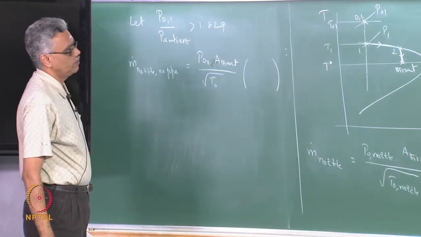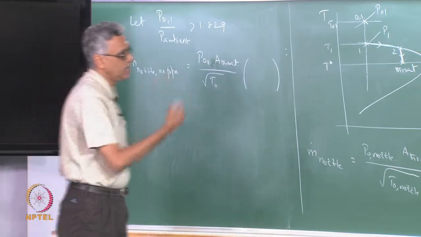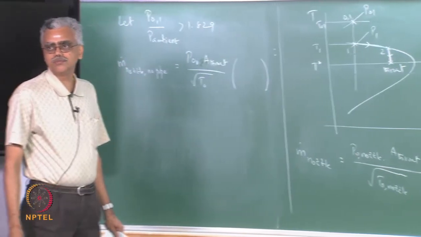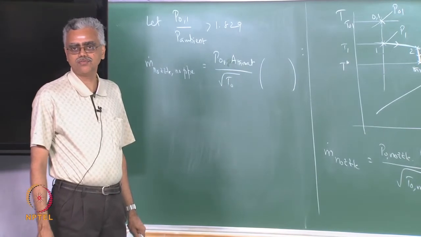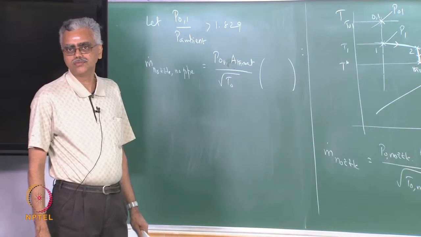Now, if I add the pipe, then the nozzle becomes unchoked. That means the mass flow rate through the nozzle is going to be less than what it was before, correct?